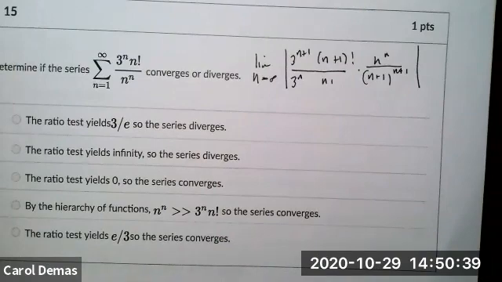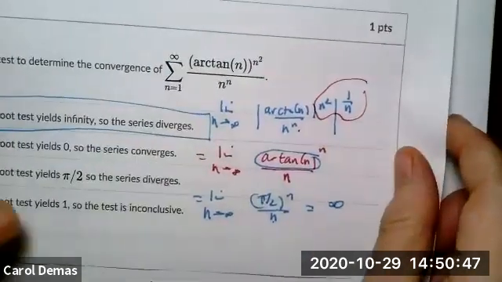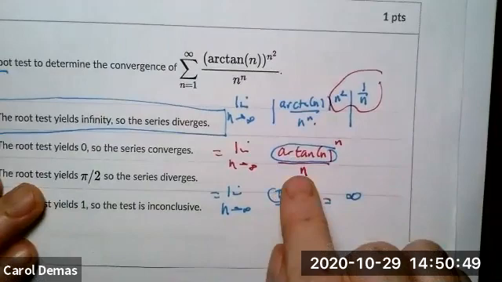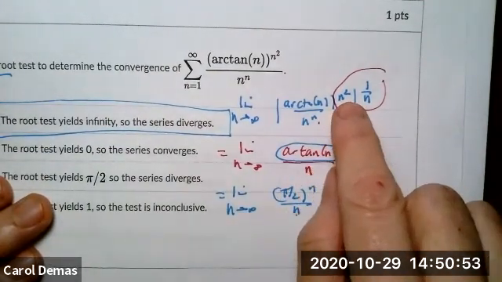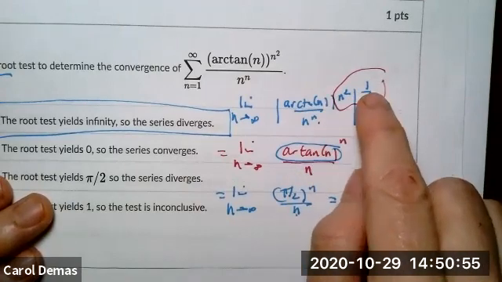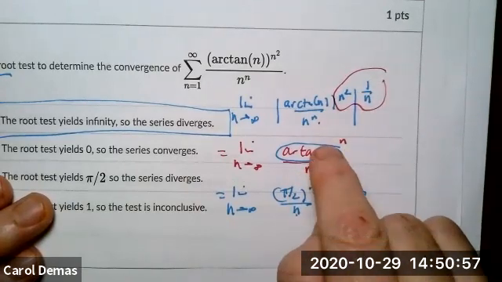Why am I allowed to put the limit in the degree n for the last one? Is there an issue here, here, or here? Where's the issue?